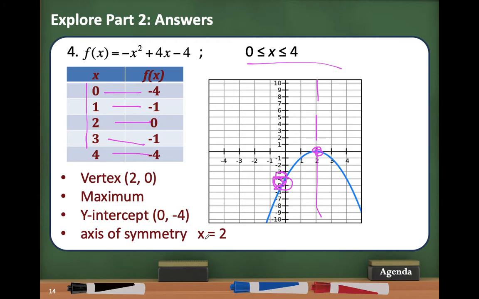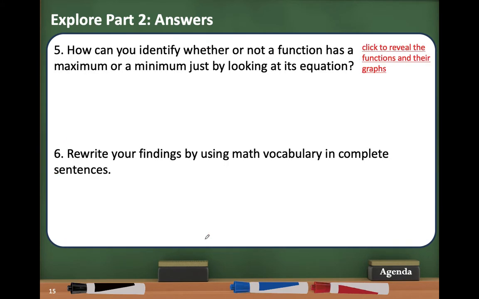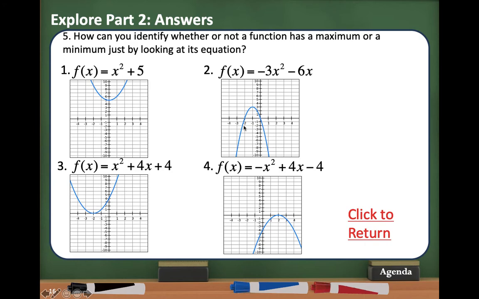Cool. So now we're just going to look back and think about how can we decide if it's going to be a minimum or maximum. Okay? Just by looking at the function and looking at its equation. So here we go. Here's number 1, here's number 3.